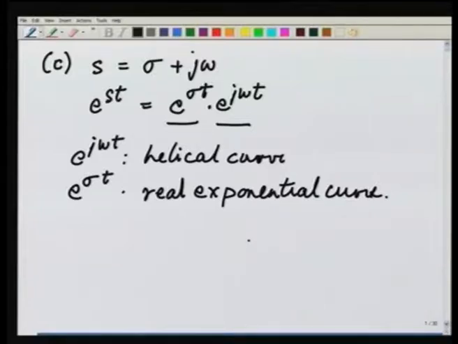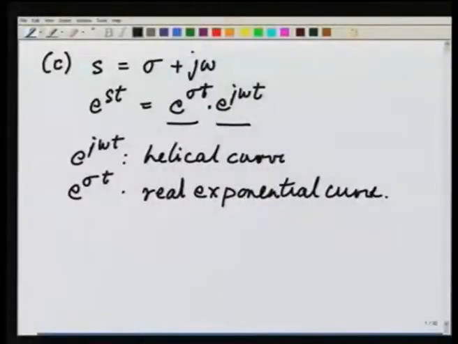We have a helix going from minus infinity to infinity, a helix whose axis is time and which has a diameter equal to k, the scale factor that multiplies e to the j omega t. It has a pitch equal to 2 pi by mod omega.